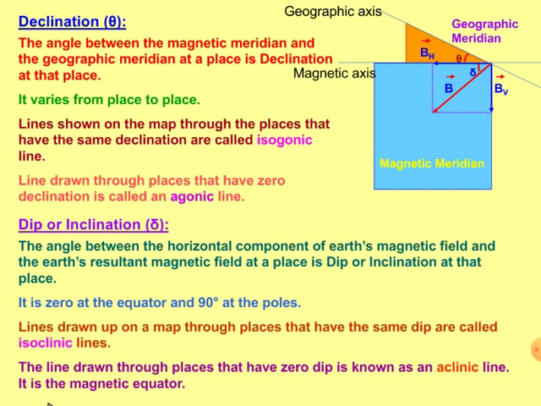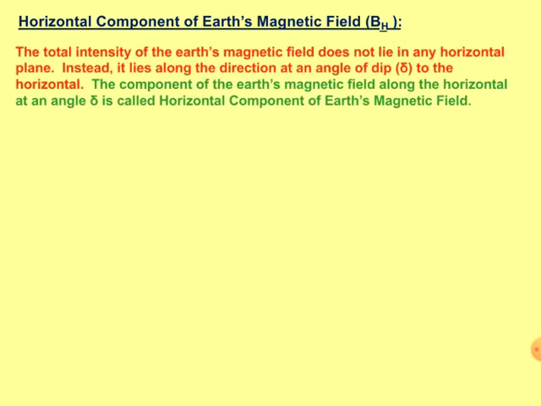Yes. Now let's see the horizontal component, the third magnetic element of the earth, denoted by BH. As I said earlier, I will draw that diagram again.